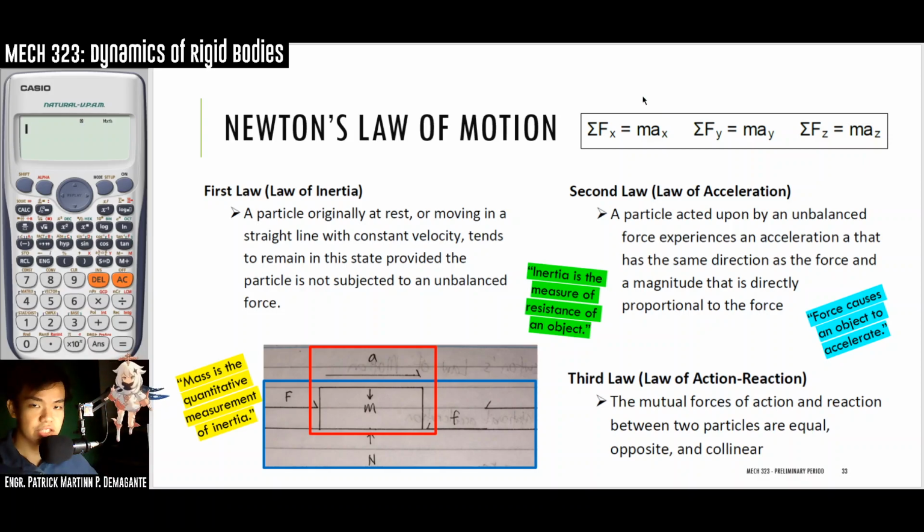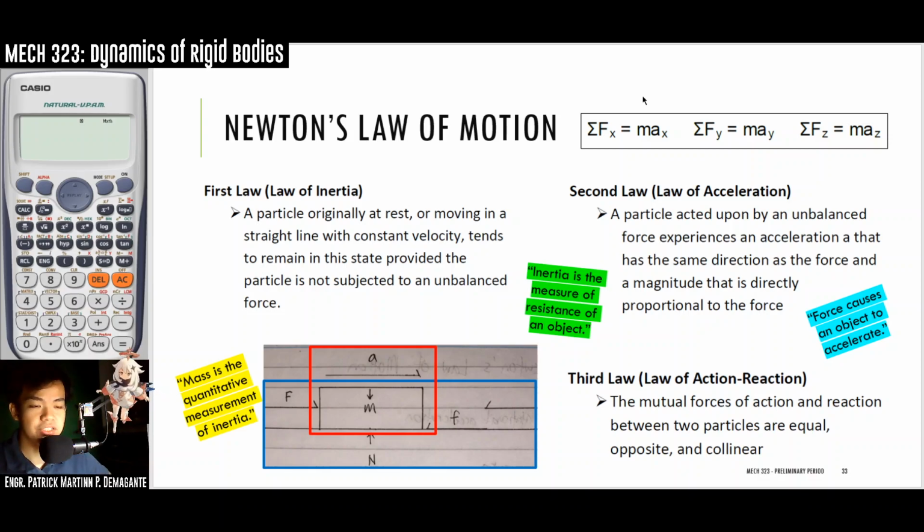Kapag in motion siya or gumagalaw, is equal to mass times acceleration. Yun. And next is yung ating third law, yung law of action-reaction. So, kapag may force na nag-act going to the left, merong force din na nag-act to the opposite direction, no? To the right.